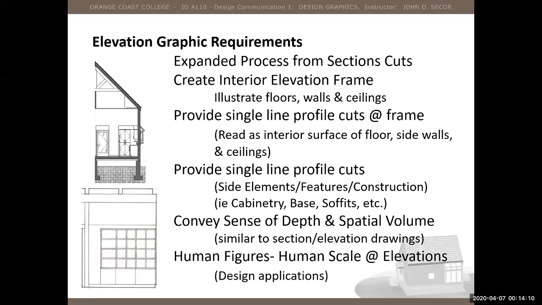Okay, so as we get a little bit further down the road with this, we're going to use the same ideas that we used for the elevations and sections. So the idea that the boundary walls that we use on this need to create a framework like a box or a profile of the room that allows us to really frame that elevation and make it clear how, where things are and what the boundaries specifically are.